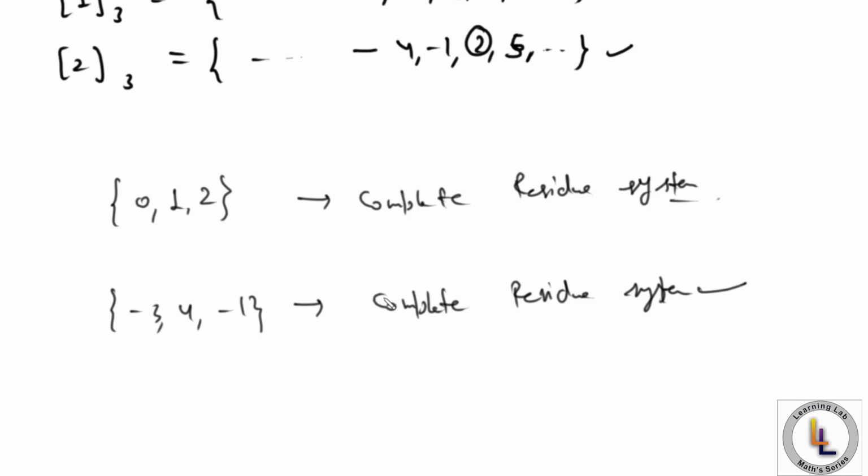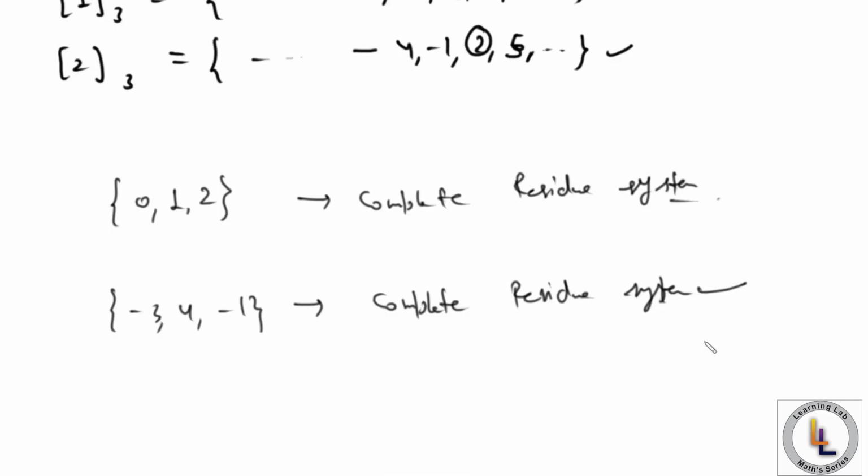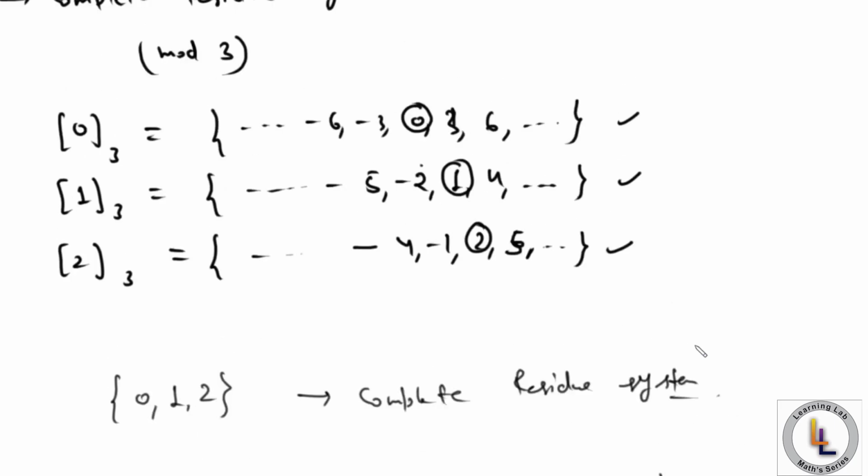Sometimes it is not necessary to select elements from all the residue classes. Here we selected an element from each class, but sometimes it is not necessary to select elements from all these residue classes. In such a case, the resulting system is called an incomplete residue system. This is a complete residue system because we selected an element from each of these distinct classes.